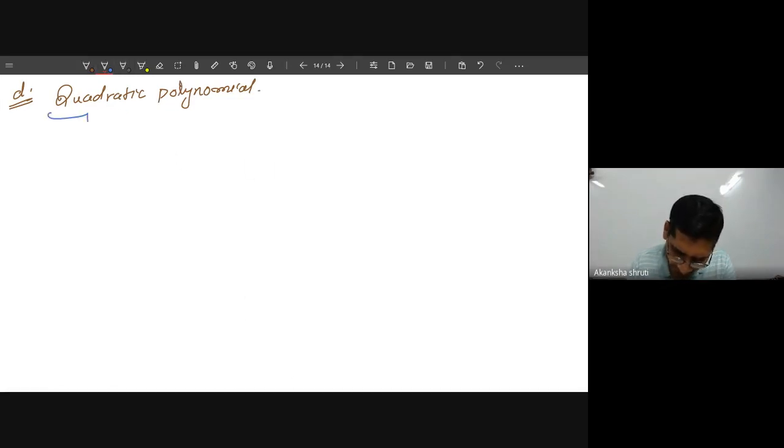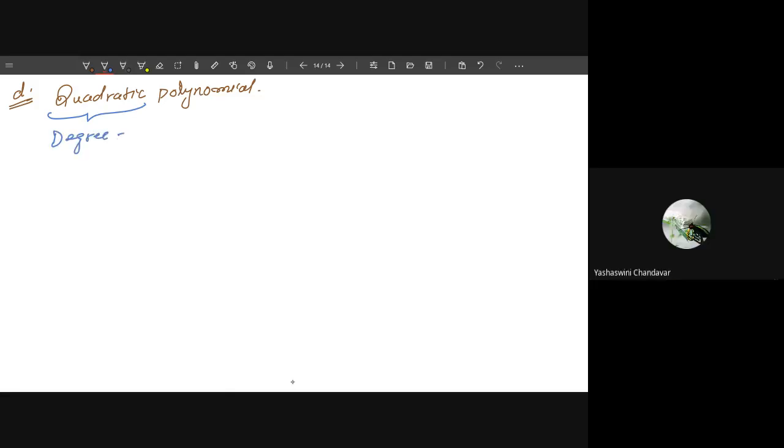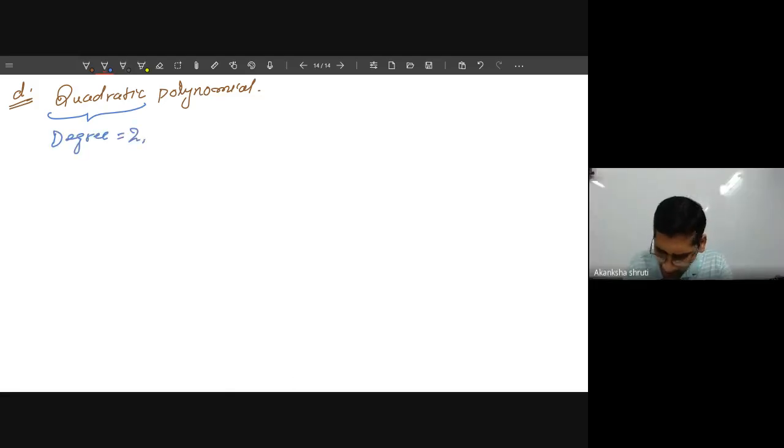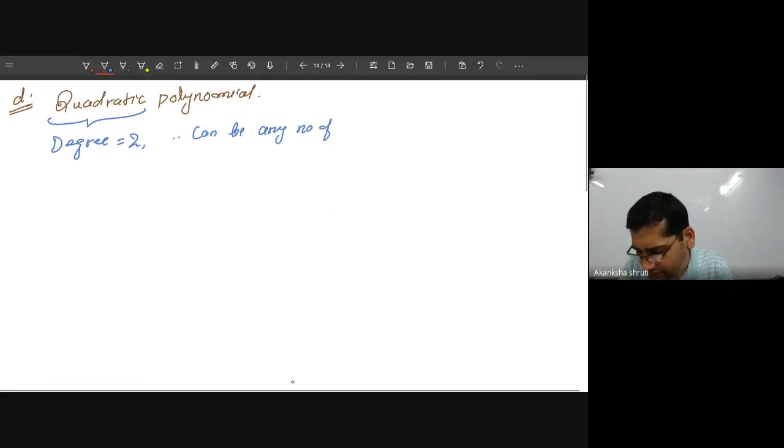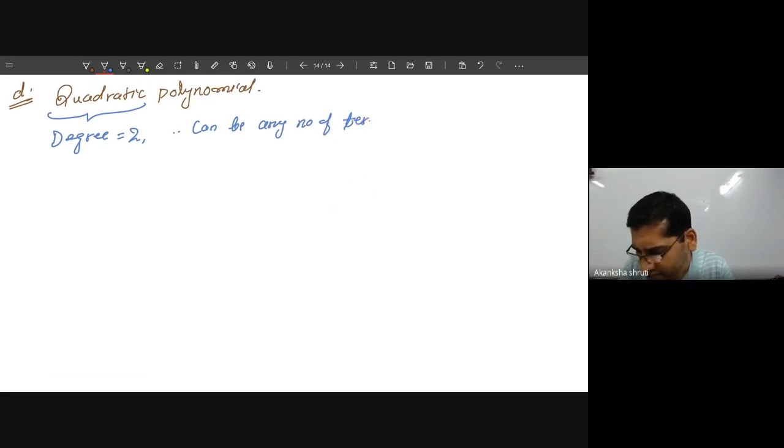Students, the term quadratic simply means degree is 2. Now, there can be any number of terms, but the highest power of the variable in any term shall not exceed 2. It can be lesser than 2.